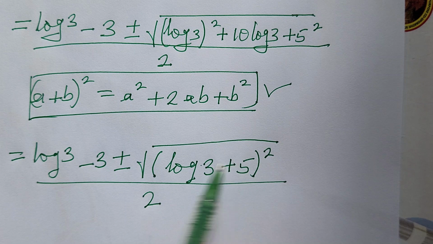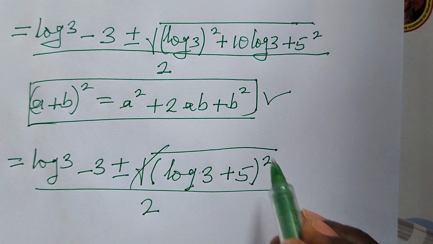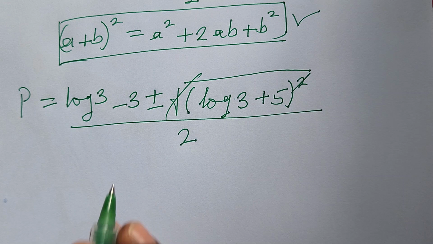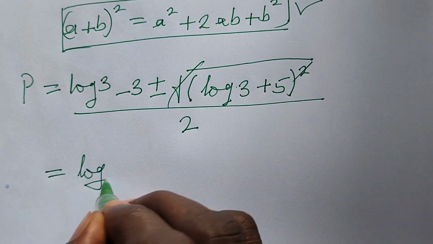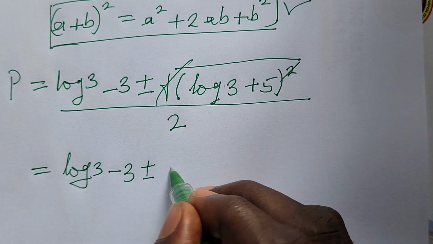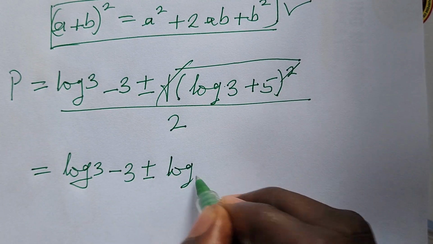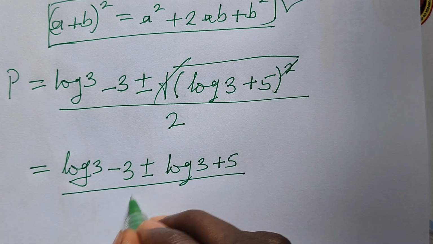If we use this to open this, we're going to come up with this. This is a radical, and from here this is now going to give us log 3 minus 3 plus or minus (log 3 + 5) all over 2.